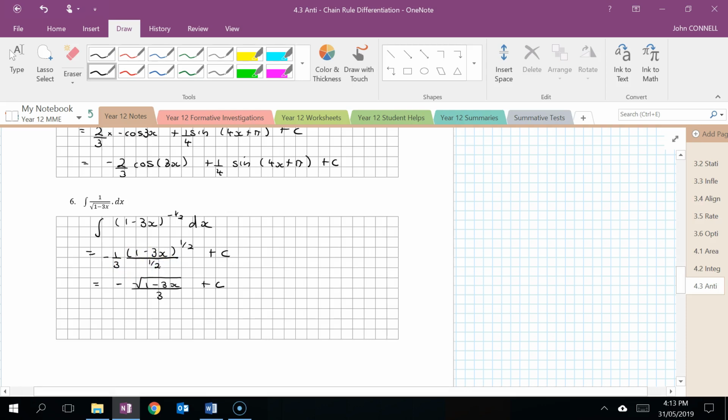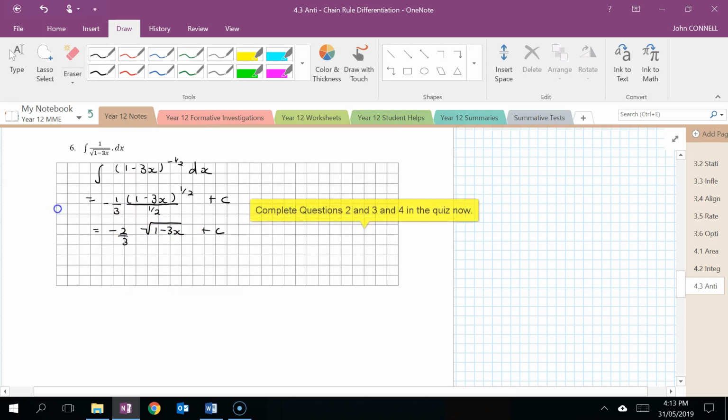So it's easy to forget the little things. So I hope you were yelling at your computer screen. So we'll be dividing by a half, which is the same as multiplying by 2. So I'm going to get, I'll just rewrite it here, negative 2/3 root 1 take 3x plus c.